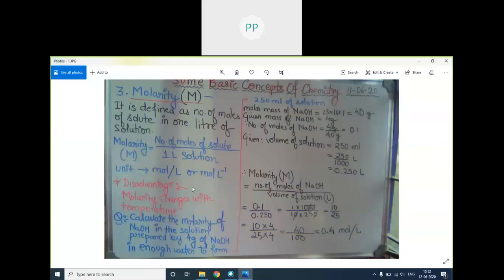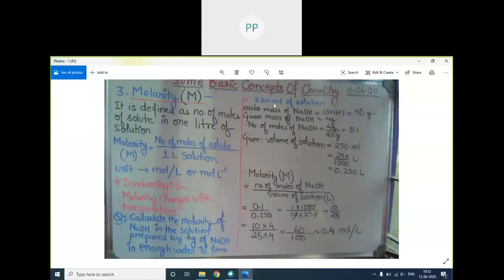Now, let us solve one question on molarity. Calculate the molarity of NaOH in the solution prepared by 4 gram of NaOH in enough water to form 250 ml of solution. So what are given here? Given mass of NaOH and the volume of the solution.